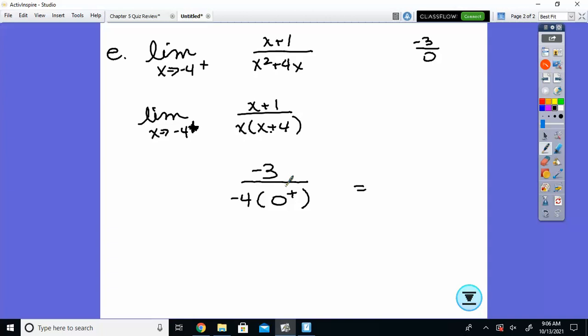If you have a number divided by a smaller and smaller number, what's it going to? If it were approaching from the left, it's a negative infinity. If it's approaching from the right, it's positive infinity. So what you need to remember, a number over infinity is turning into 0. A number divided by a smaller and smaller thing, as you're approaching 0, is going to infinity.